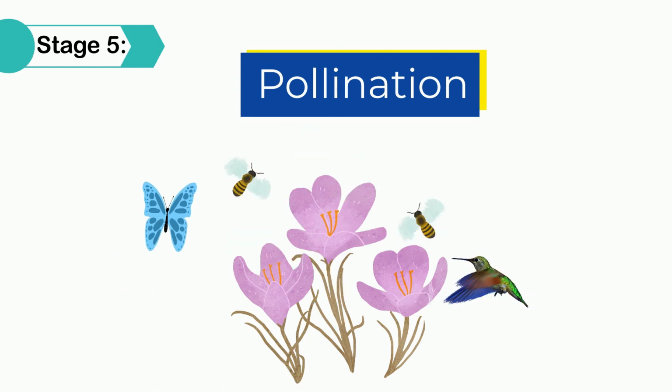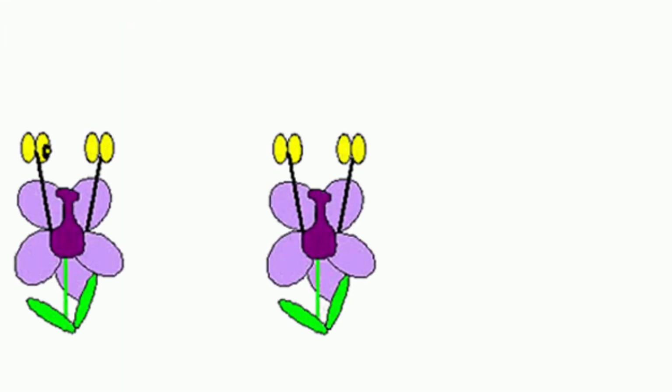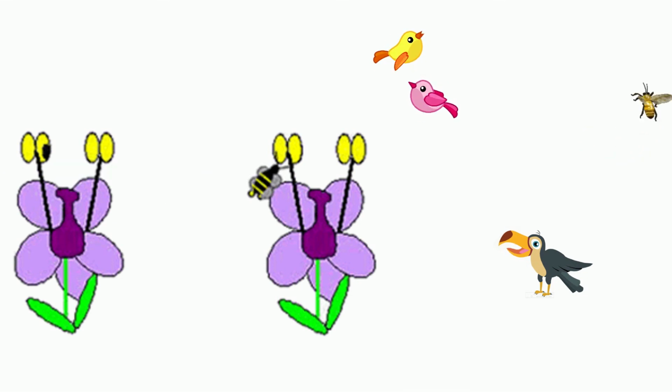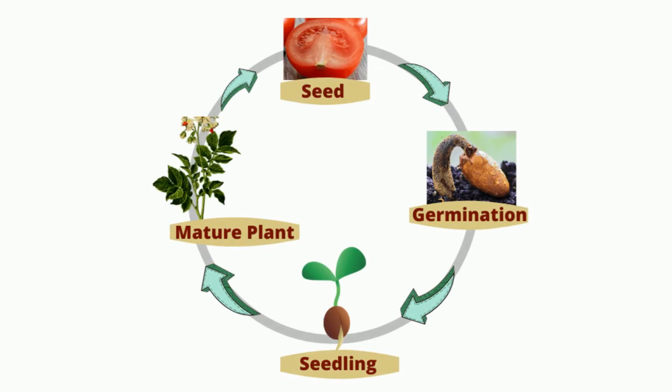These pollens are transferred to other flowers to fertilize them into seeds, through insects, birds, animals, and even the wind. This process is called pollination. From these seeds, new plants start to grow, and a new cycle of life begins.